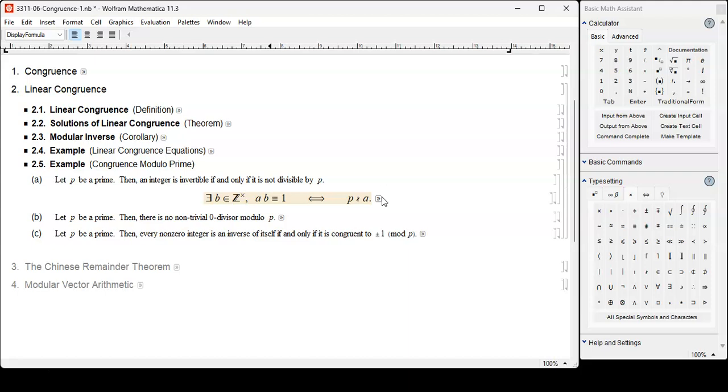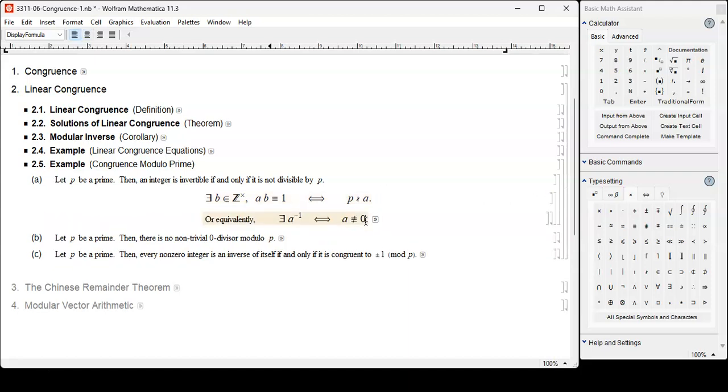But this can be rewritten modulo p like this. p does not divide a is the same as a is not congruent to 0 modulo p. Is that clear? p does not divide a means the remainder is not 0 when I divide a by p. And that's precisely what this is. Remainder is non-zero.